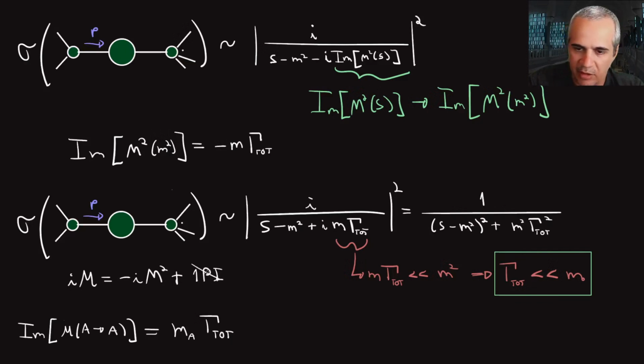So you have a lot of different things here. You have those diagrams with many bubbles, you have the full propagator, the free propagator, you have a lot of things here. This identification is the same as putting minus m squared in here, M is equal to minus m squared, which is disregarding all the 1PI contributions.